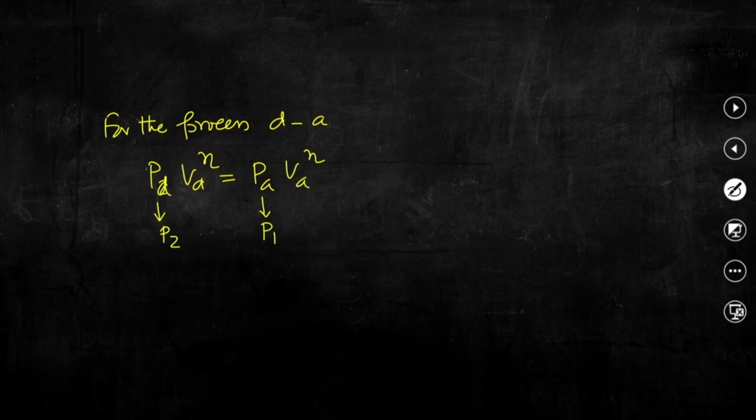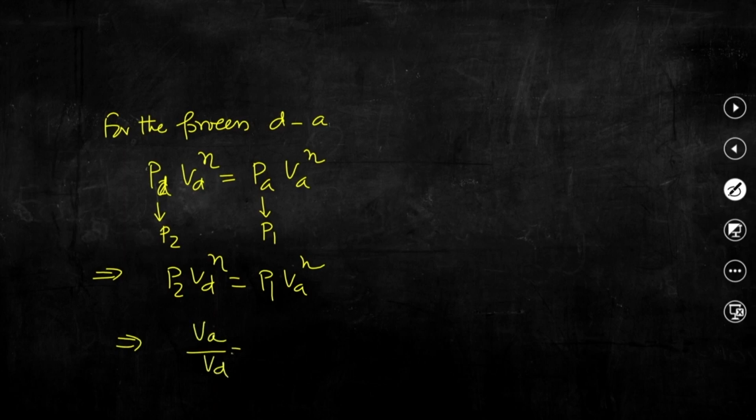Therefore, we can write one step further, that is P2 Vd to the power n equal to P1 Va to the power n. Therefore, we can write Va by Vd, that is P2 by P1 power 1 upon n, right. This is what we can write.